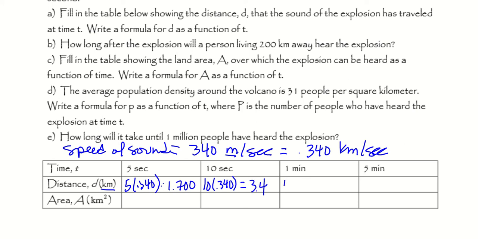If I have 1 minute, then that would be 60 times 0.340, which would be about 20.400 kilometers. And if I put in 5 minutes, then I'm going to do 300 times 0.340, and that gives me about 102 kilometers.